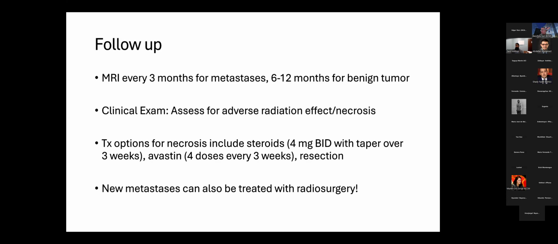If they get another round of symptoms, depending on how severe it is and what the imaging shows, we can try steroids again, or try intravenous Avastin or resection of the area of necrosis. And another thing is that new metastases that are seen can be treated with radiosurgery pretty effectively, usually.